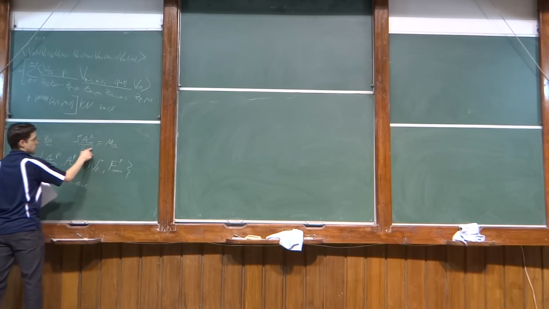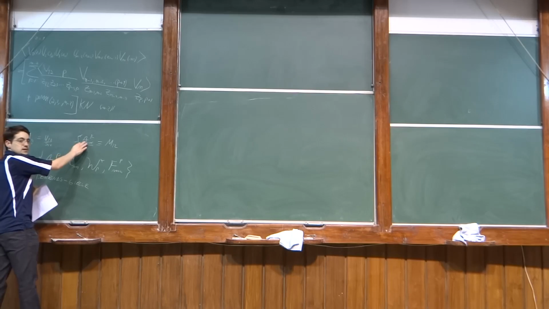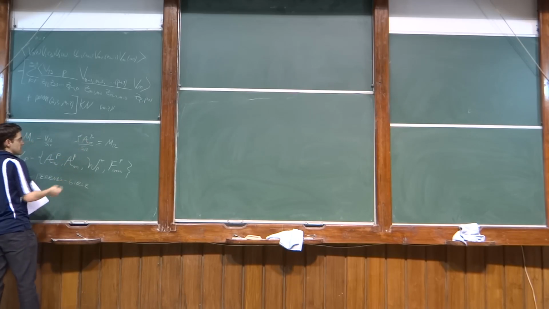That's the definition of M12. So the structure that I'm talking about is really about the A alpha. Okay, so it's A alpha that is being divided by the numbers.